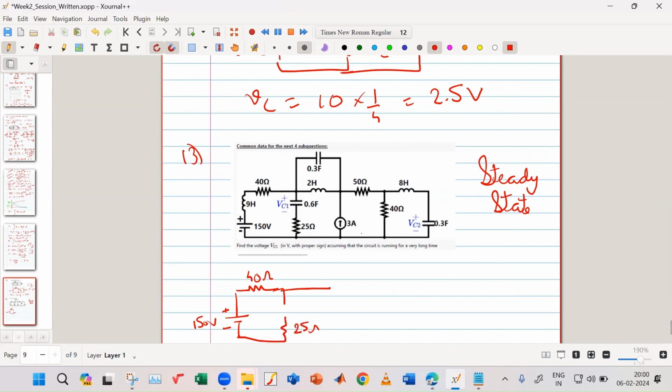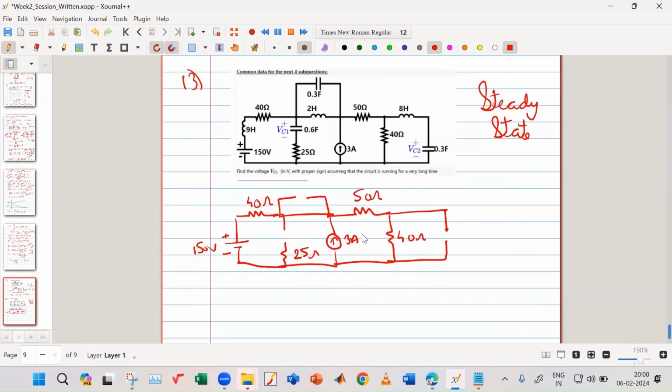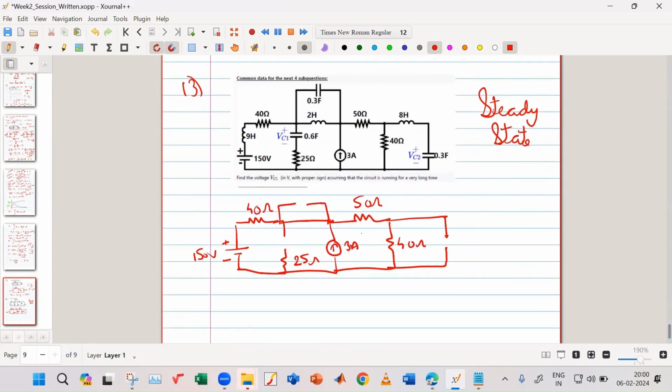Current source will be there. This is your 3 ampere, this is your 40 ohm. Again short and open. They are telling you to find out this VC1.